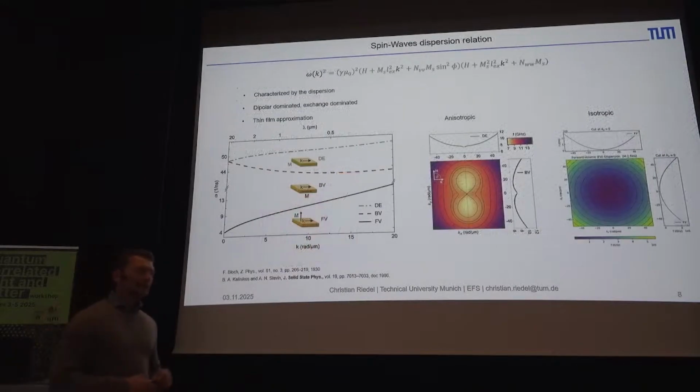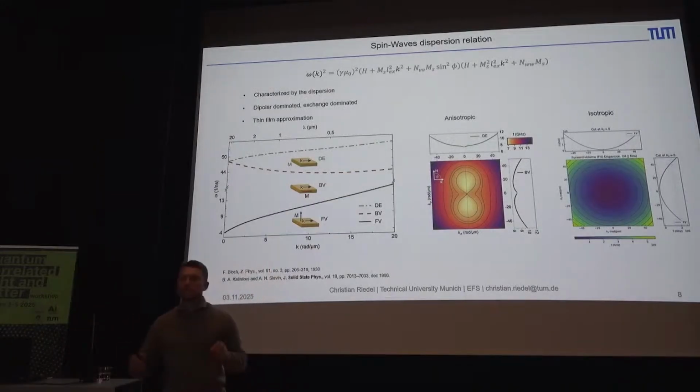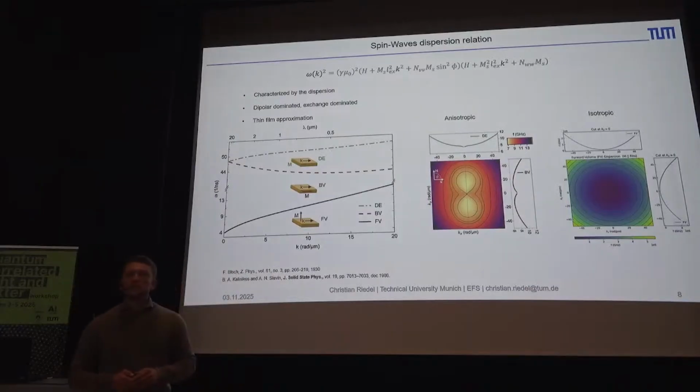So mathematically, we can describe the spin waves by the dispersion relation, which contains quite some material parameters and also some shape parameters. But what we are usually interested in is how our k vector or our wavelength of our spin wave develops if we change the excitation frequency.